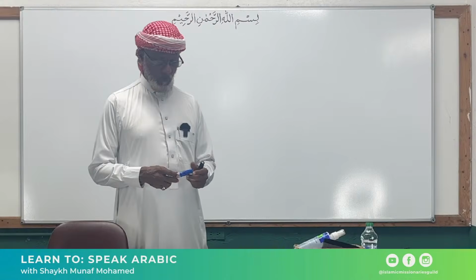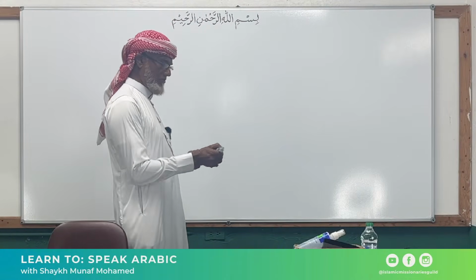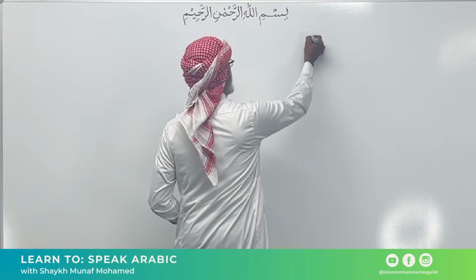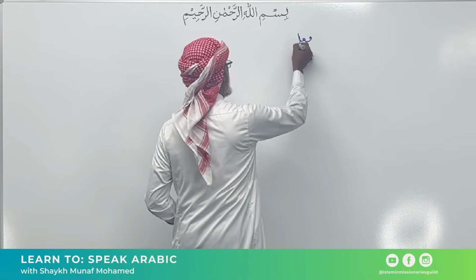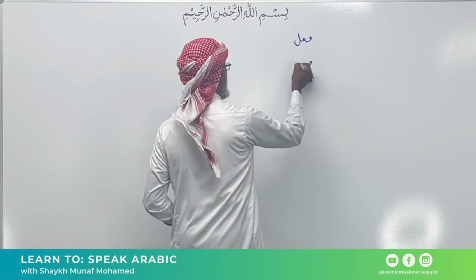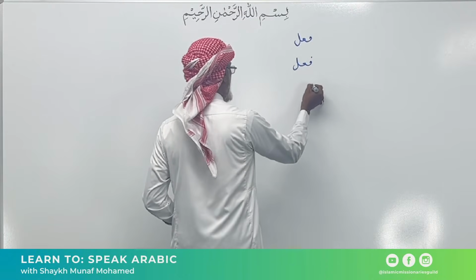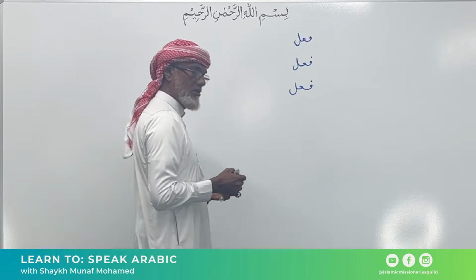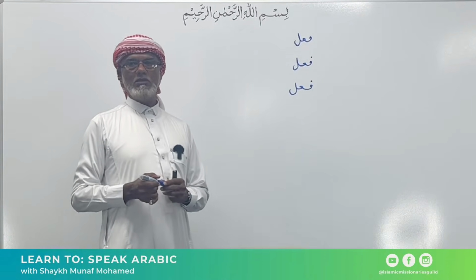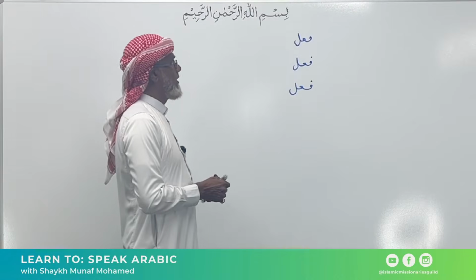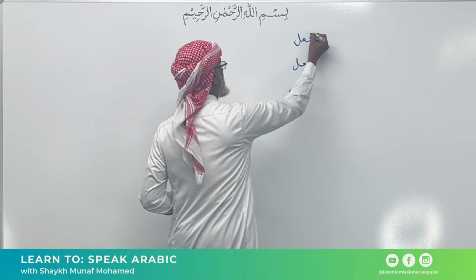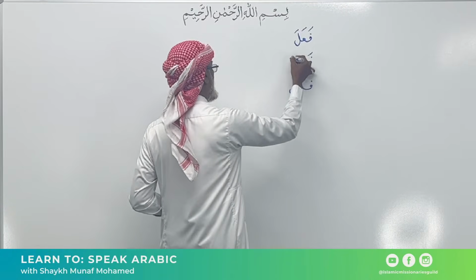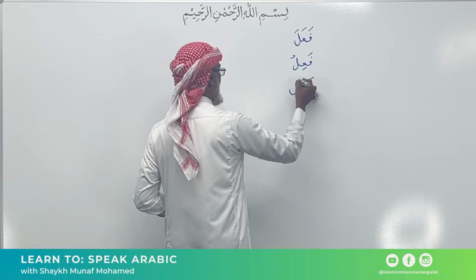We looked first at the verb, which looks like this. We said there are three different ways in which the verb appears in the Arabic language: fa'ala, fa'ila, or fa'ula.